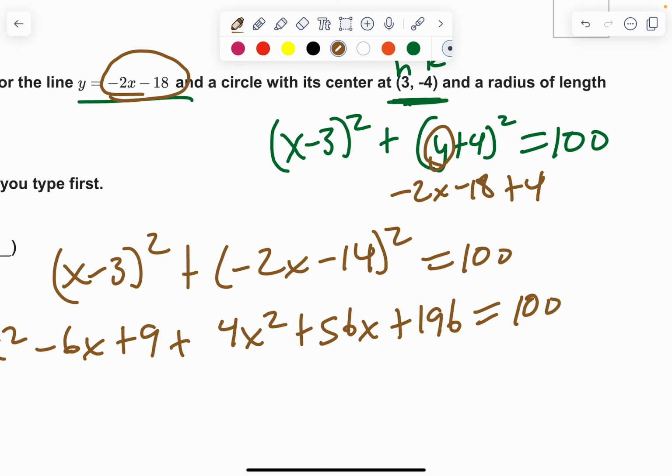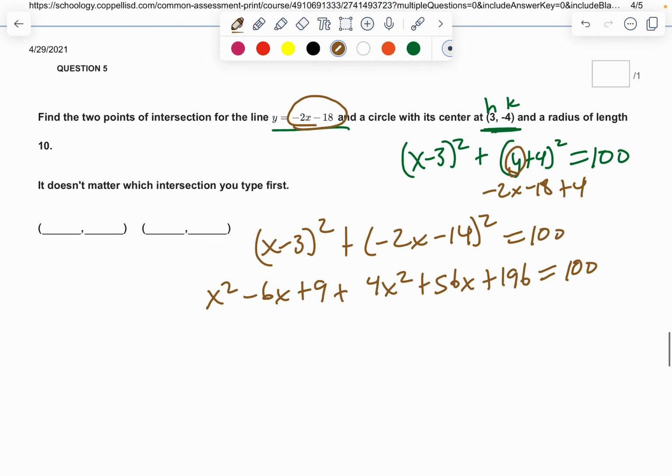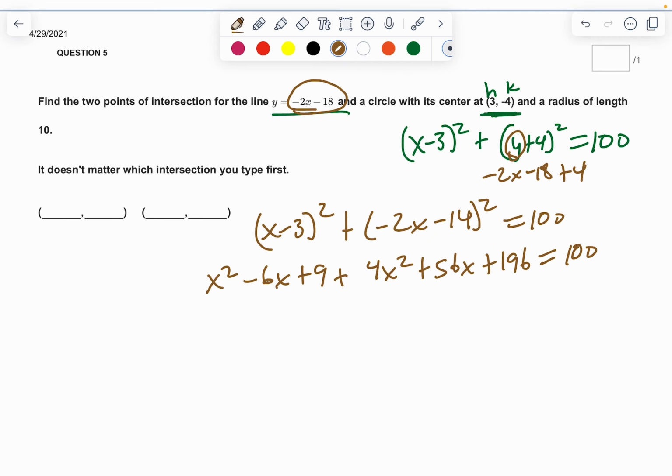And then plus b squared. Okay. Whew, we made it through the hard part, but we still have a lot of work to do. Combine like terms, 5x squared. Negative 6 and 56 will be plus 50x. 196 plus 9 would be plus 205 equals 100.